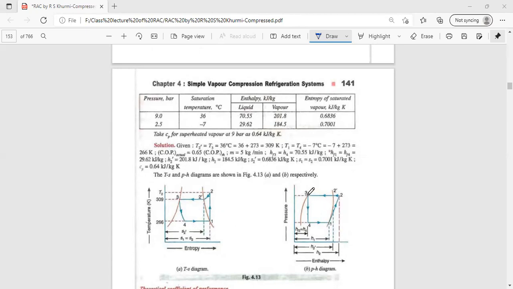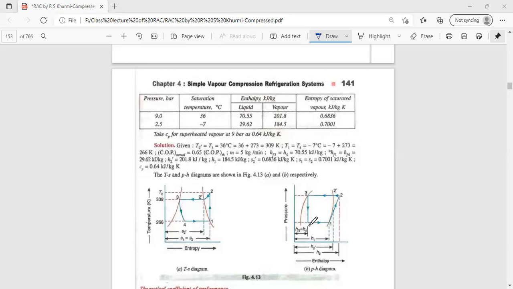The expansion process 3 to 4 is not isentropic, I'm sorry, it is under constant enthalpy. Here we are saying that there is no enthalpy loss, and it is a vertical line.